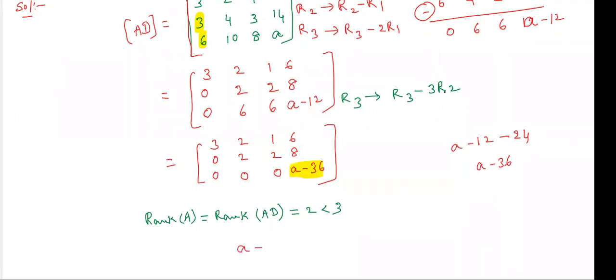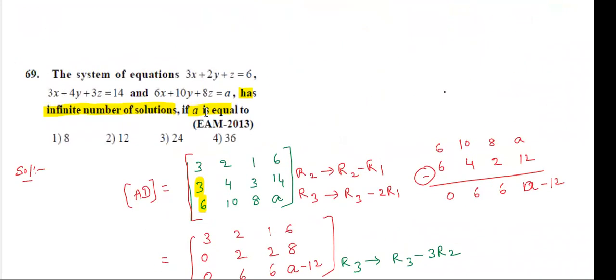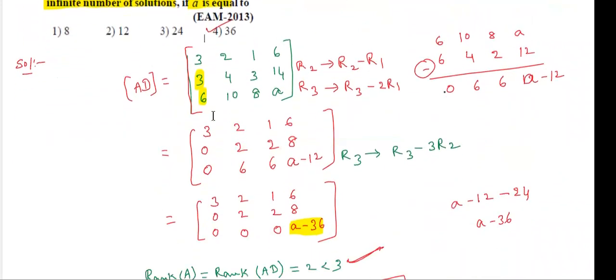A minus 36 is equal to 0, then only the rank of AD is 2. So A is equal to how much? 36. When this condition is satisfied, the system of equations has infinitely many solutions. Okay. So the correct answer is what? 36. Which option is correct? Fourth option.